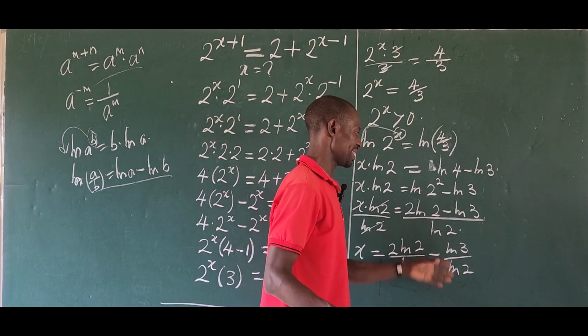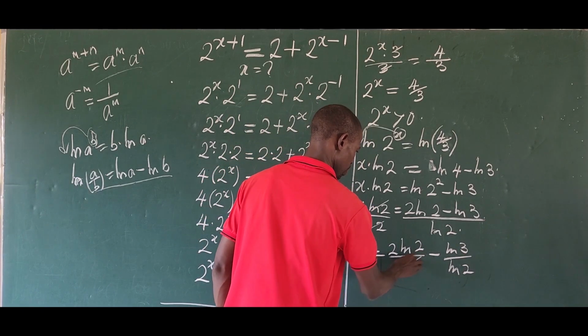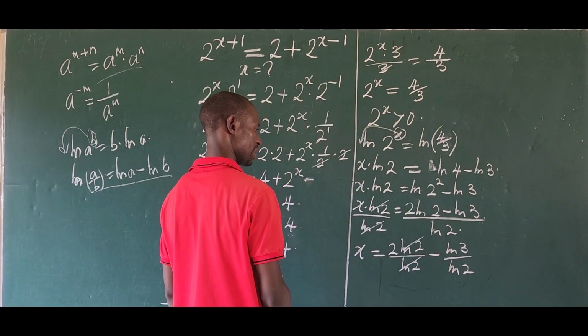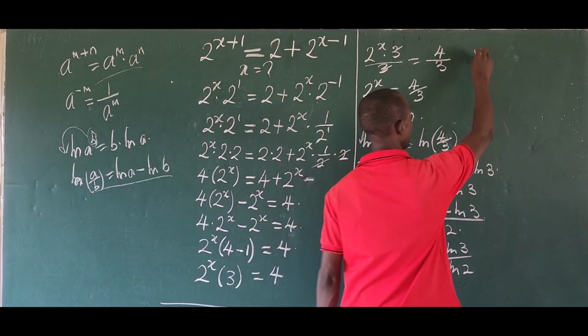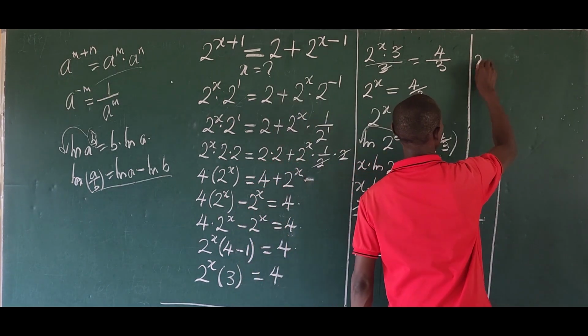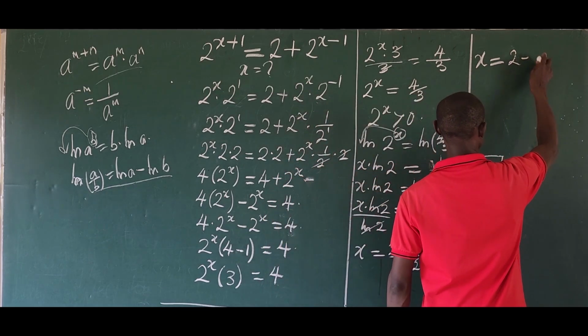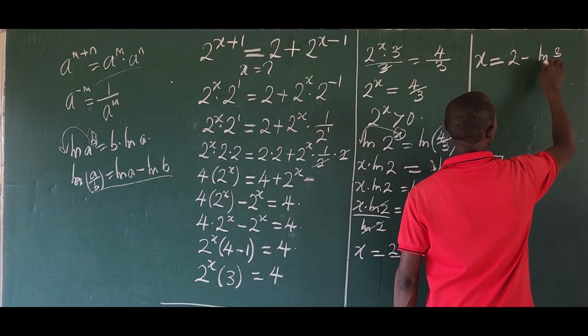The ln of 2 here is common, so the top and bottom cancel, right? So we now have x standing on its own. Therefore x is equal to 2 minus the ln of 3 all over the ln of 2.